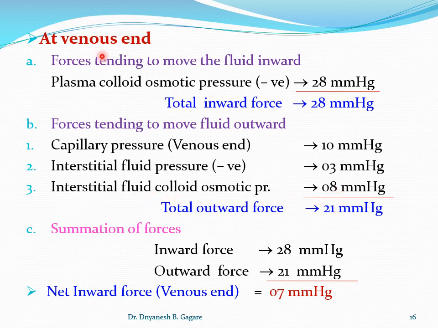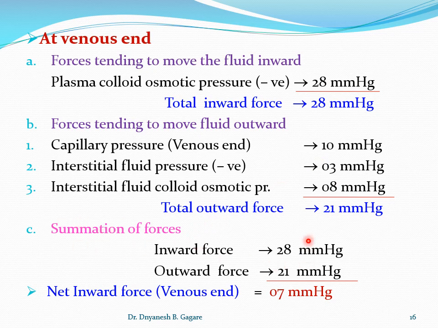So if we compare with the arterial end, these two figures are the same, but only one figure is changed. That is, blood pressure at the venous end is 10, and it was 30 at the arterial end, which made it 41. But here it is decreased to 10, and that's why there is more inward force.